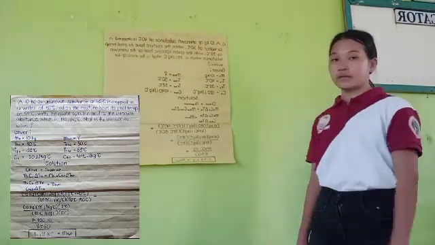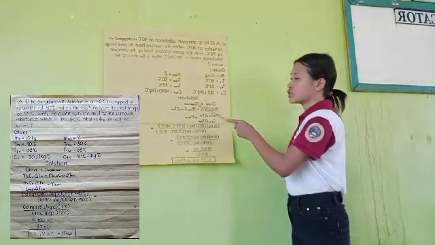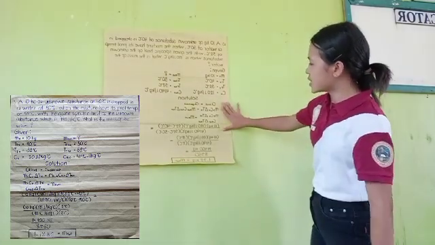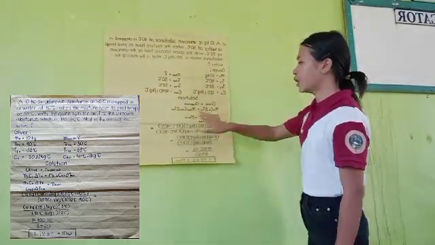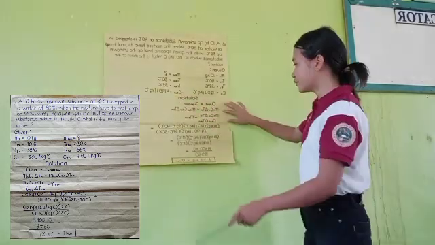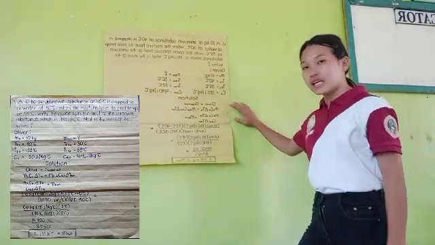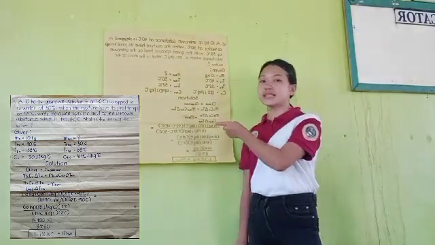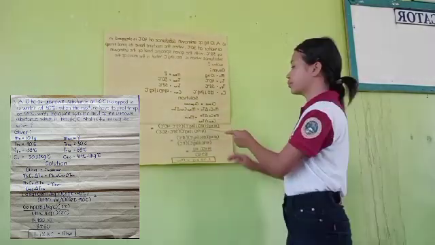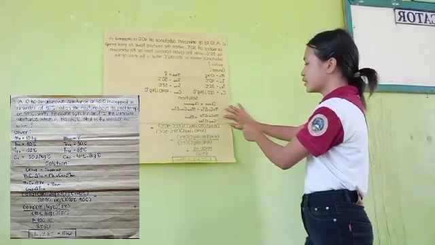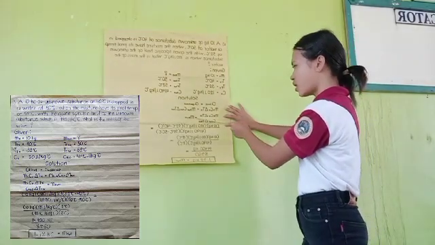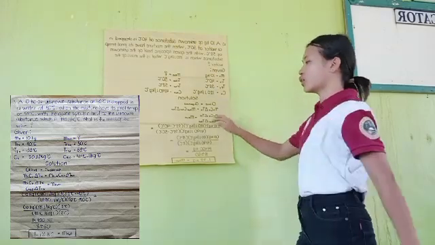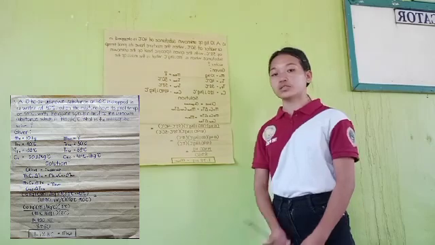So solution, Q loss equals Q gain. Since the one who loses is the unknown substance and the one who gained is the water, we have MC delta T of the unknown substance is equal to MC delta T of the water. MC delta T of the unknown substance over C delta T of water equals the mass of the water.